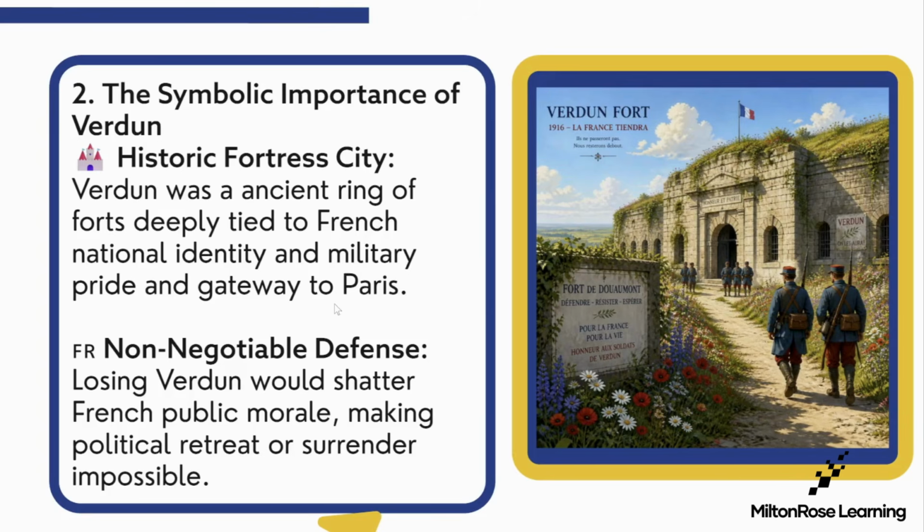Losing Verdun would have shattered French public morale. It would have meant a political retreat, and surrender here was impossible. The French needed to stand and fight, and Falkenhayn knew that they would stand and fight. So he was luring them into this strategic trap, or so he thought.